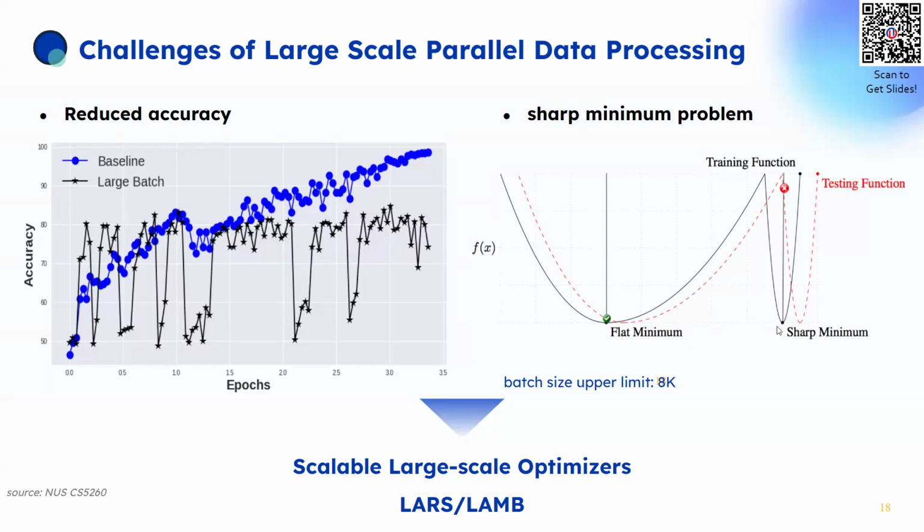So you need 100 iterations to finish one epoch. That's your data set.